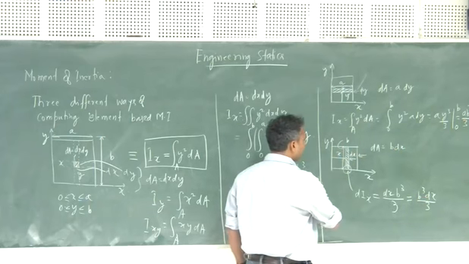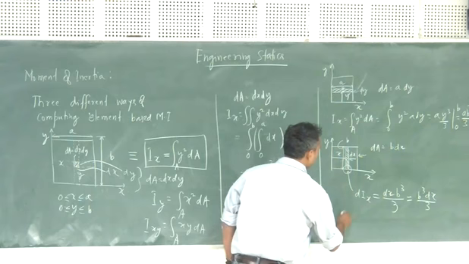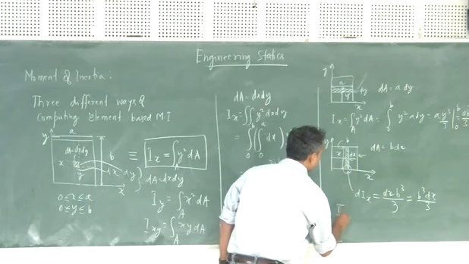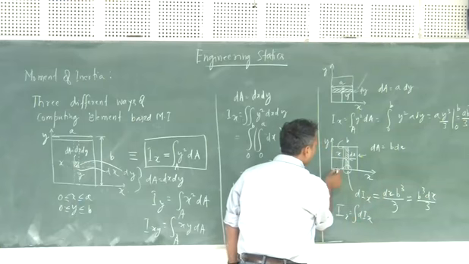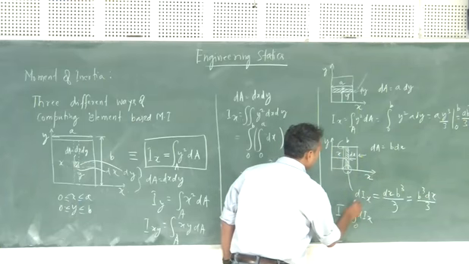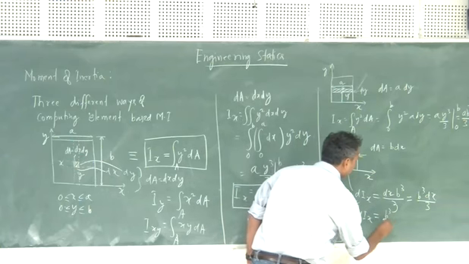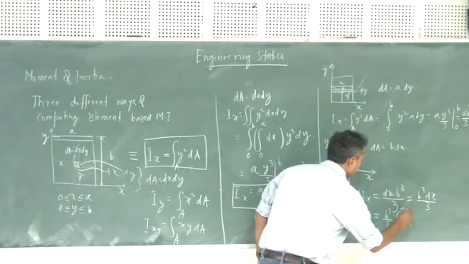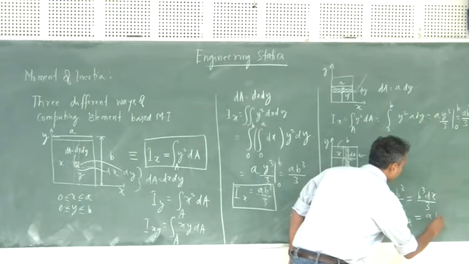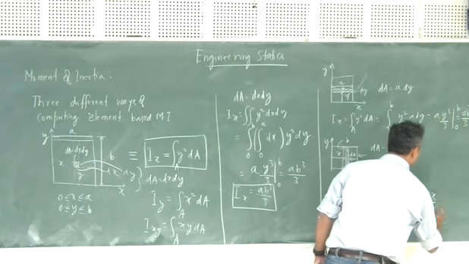Now to compute the complete integration, you find Ix by integrating this dIx over the whole x, and substituting, this will be a b cubed by 3.